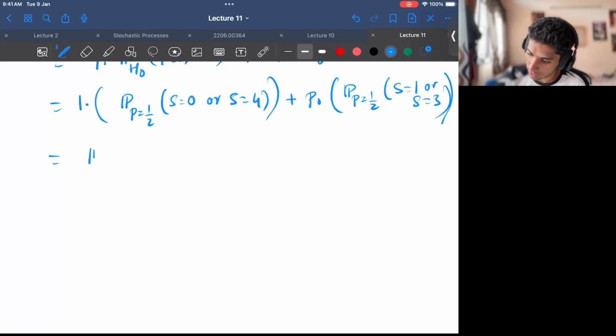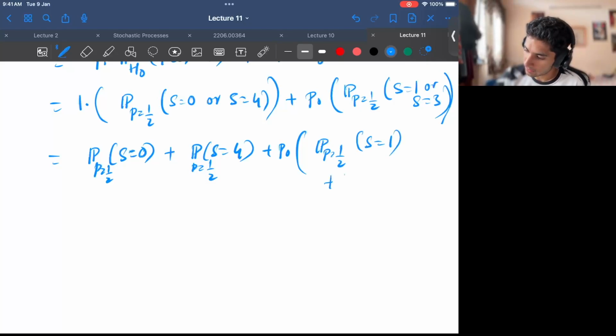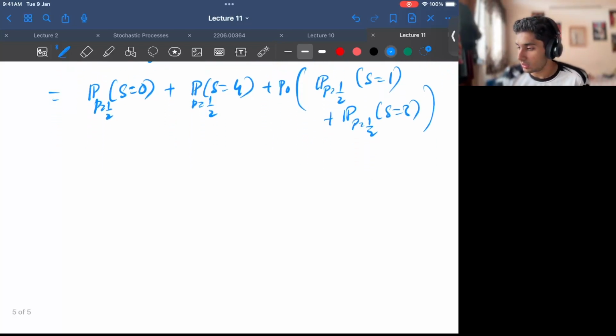So this is basically the probability of s equal to 0 plus the probability of s equal to 4, all of this under p equal to half, plus p naught times the probability under p equal to half of s equal to 1 plus the probability of s equal to 3, right?